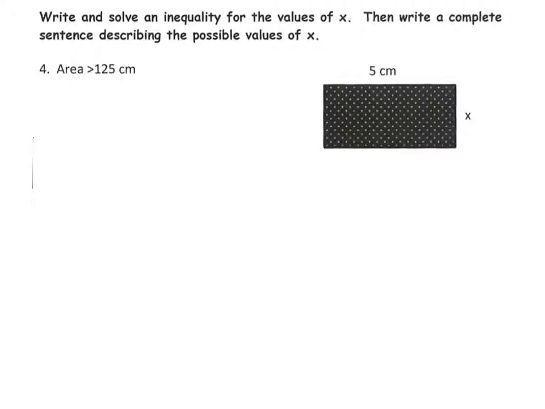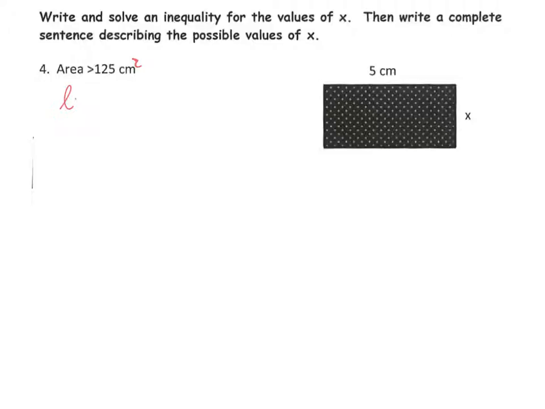All right, write and solve an inequality for the values of x. Then write a complete sentence describing the possible values of x. Okay, so area is greater than 125 centimeters squared, right? So what is the formula for area?